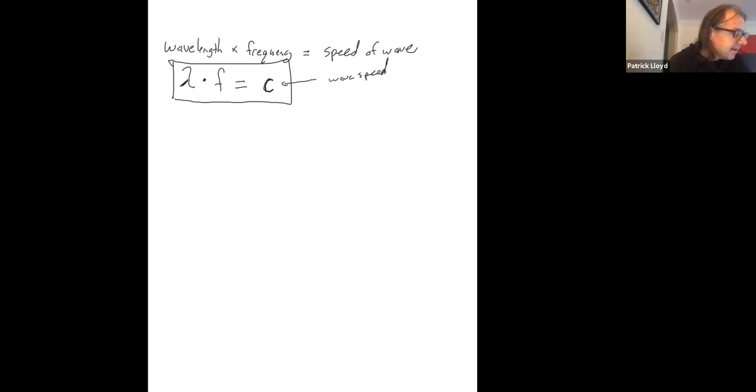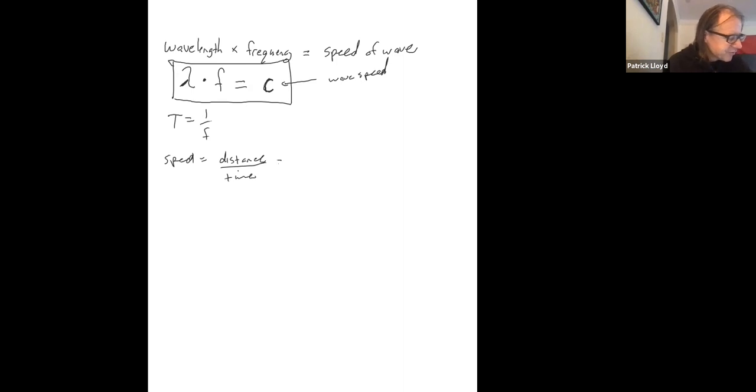Okay. And it's a very simple relationship. The wavelength times the frequency is equal to speed. Now, just to show you, because period is 1 over frequency, these are the reciprocals of each other, we can think of speed as being distance over time, right? The distance traveled over the time it took to travel that distance.